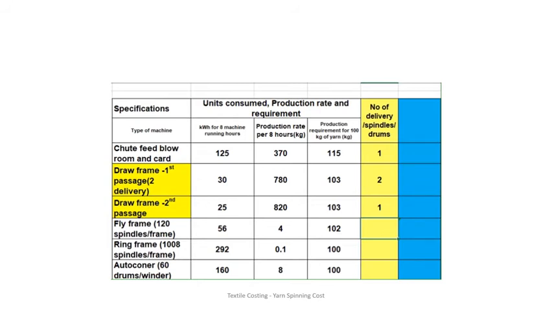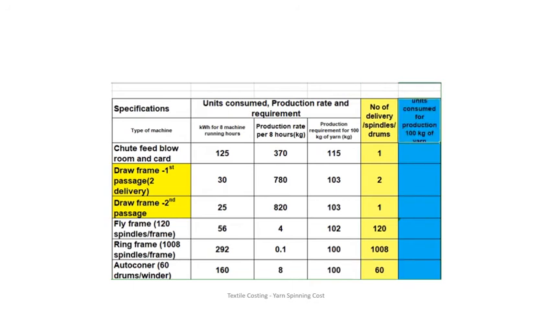There are 120 spindles in the fly frame, 1008 spindles in the ring frame, and 60 drums for the auto coner. This is given data, not calculated. We have to put it here so that we do not miss it in the exact calculations.